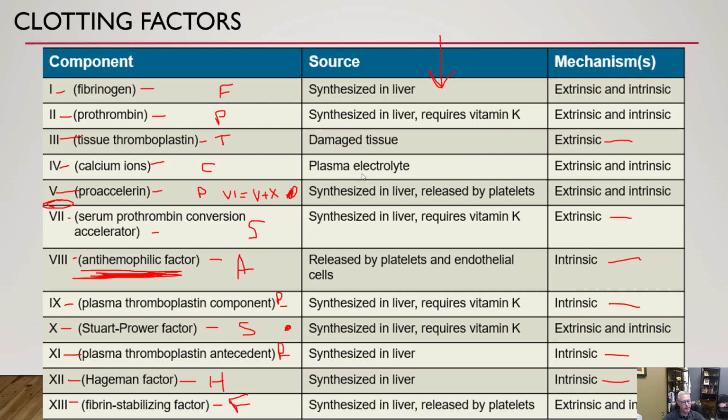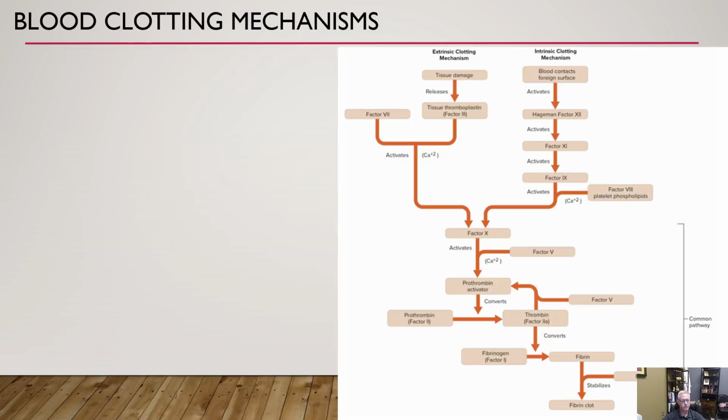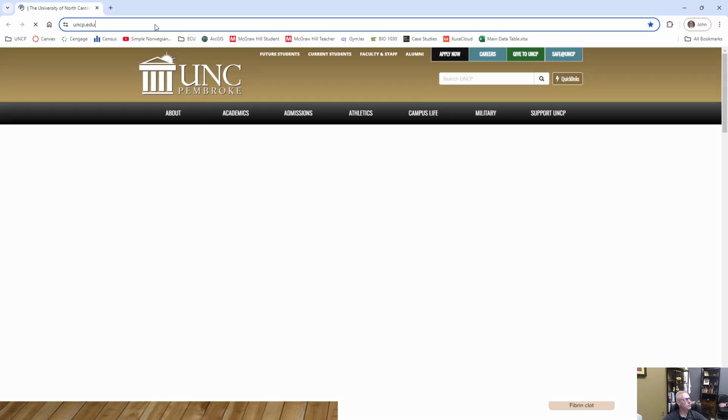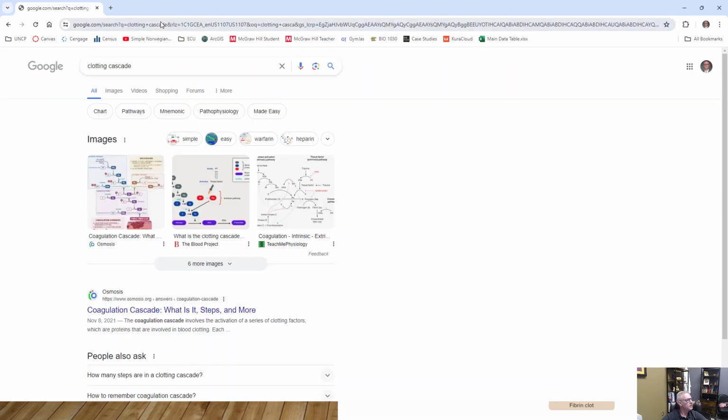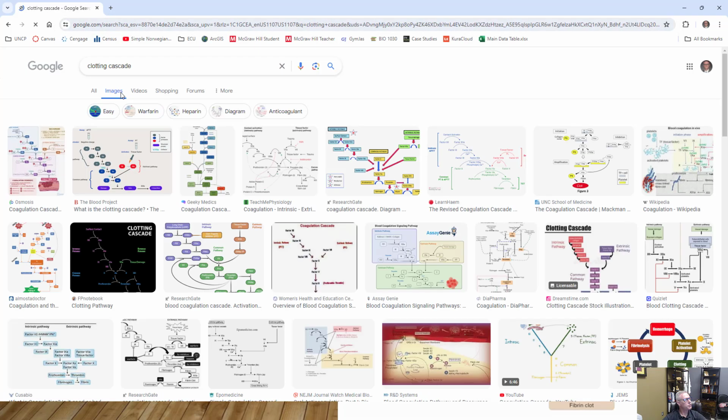All right, so are you ready? Here is the clotting cascade. There are different versions out here. Find what version you want to memorize. They're all going to be pretty much the same thing. So we'll just go to the internet, search clotting cascade, and click images.